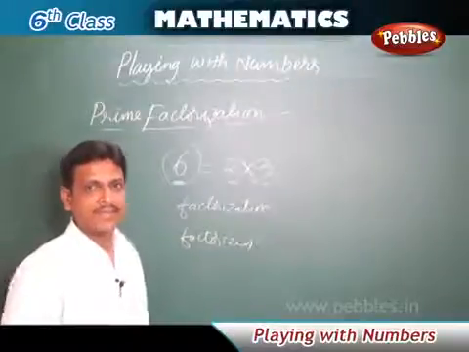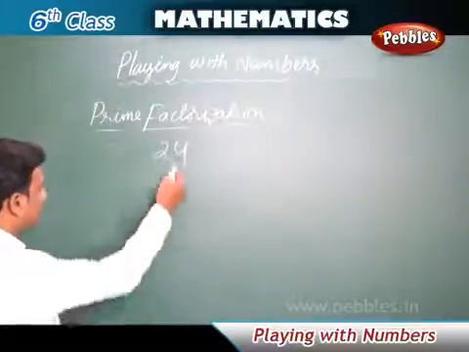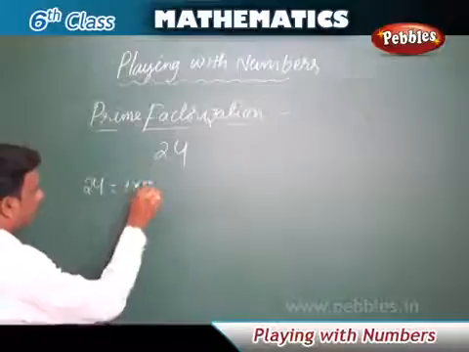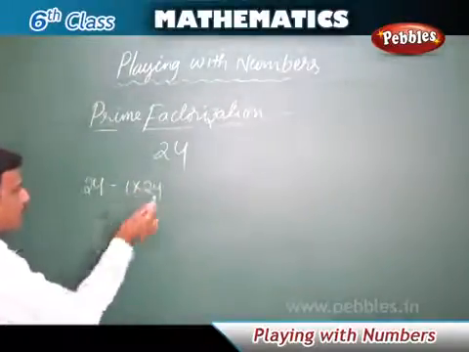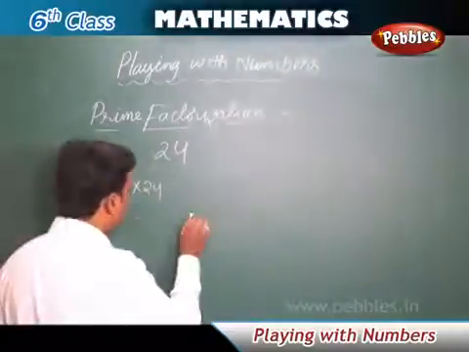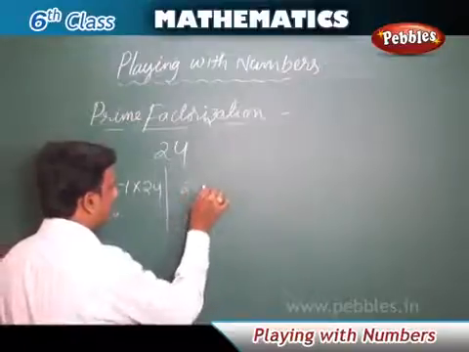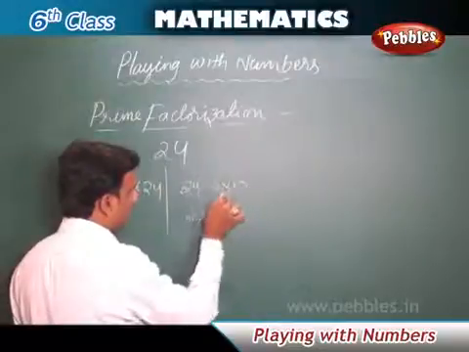A number can be factorized in different ways. Let us see an example. Let us take 24. We can write 24 as 1 into 24, that is, 24 as a product of 1 and 24. This is one way we factorized it. We have written the factors. Now the second example, where 24 is equal to 2 into 12. 12 twos are 24.